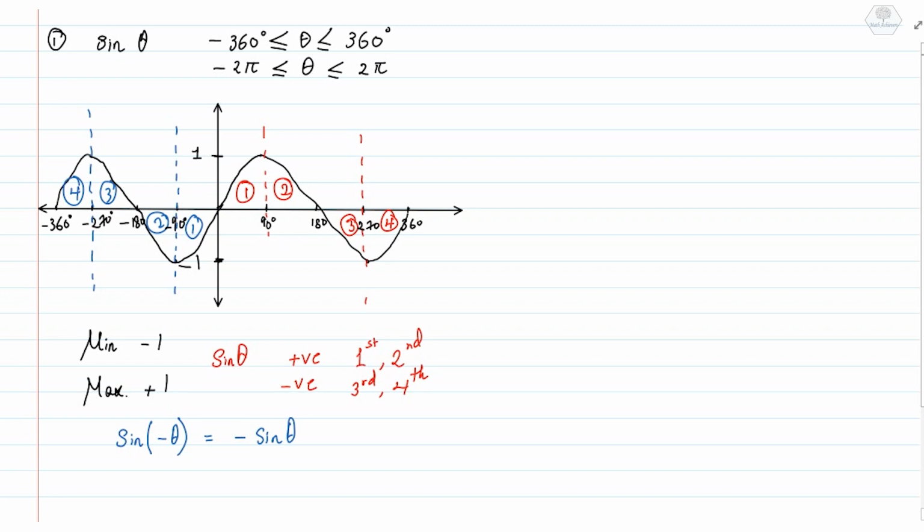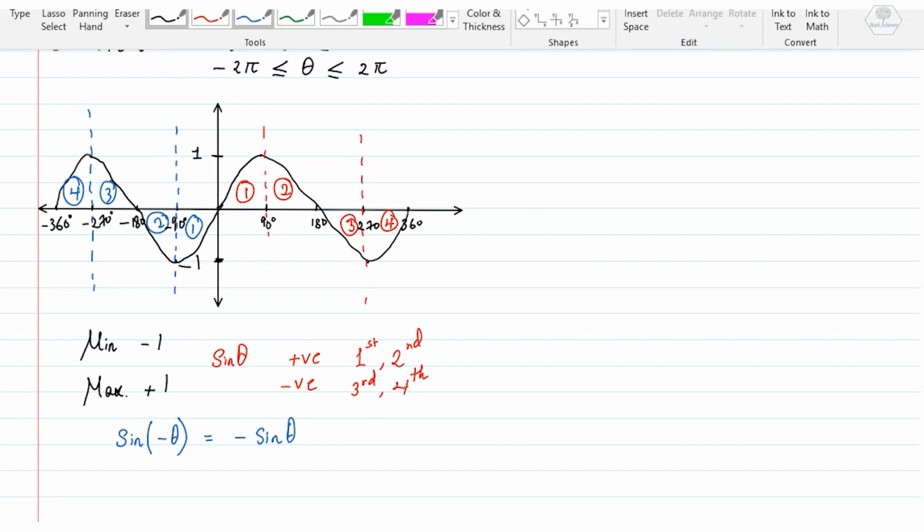The function is changed. It becomes positive in the third and fourth quadrant and negative in the first and second. So we can conclude that sine of negative theta is equal to negative sine theta. That's what we have to know for the sine function, and this is really important to know.